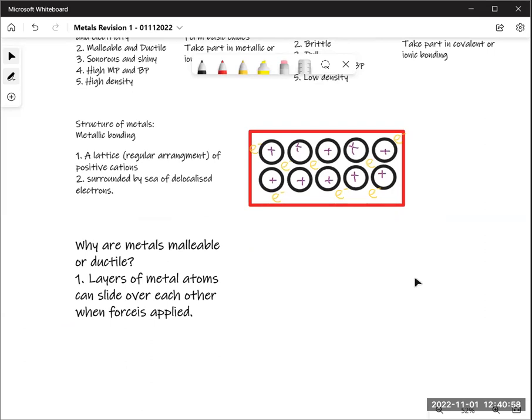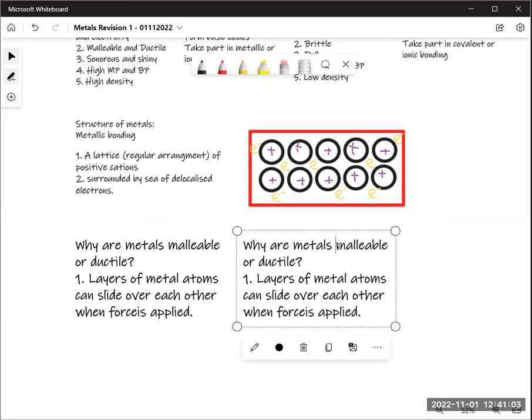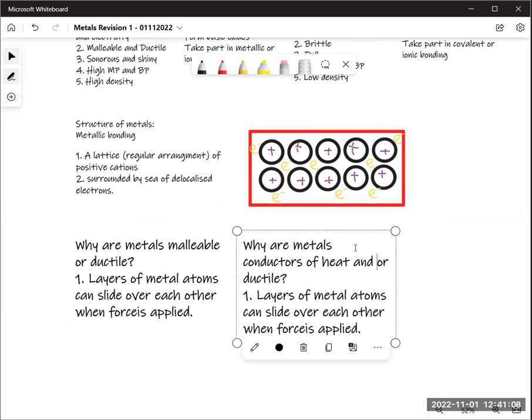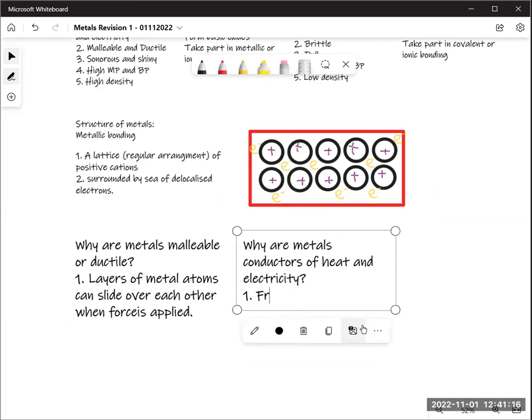Another thing is, why are metals good conductors of heat and electricity? The reason is free, delocalized or free, both are correct, electrons are present. Electrons carry heat and charge.